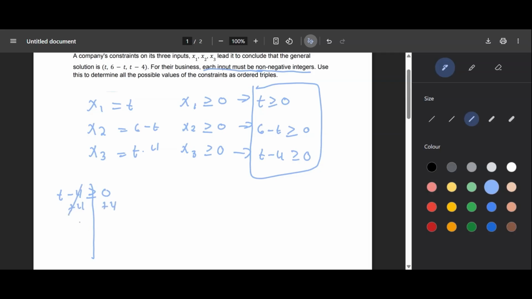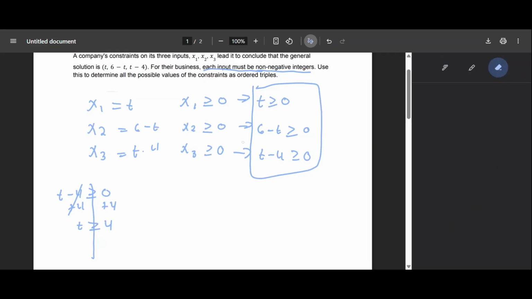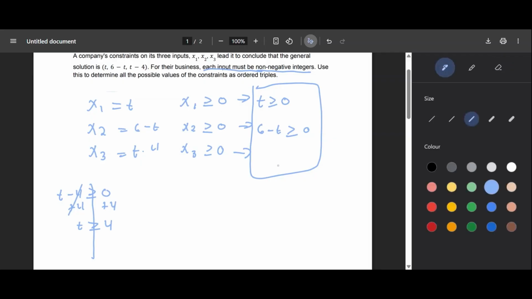So now we have t is greater than or equal to 4. What we did is we just rewrote this in a more simplified way. So I'm going to go ahead and replace that original sentence with our simplified one. All right, so we know now that t has to be greater than or equal to 4.